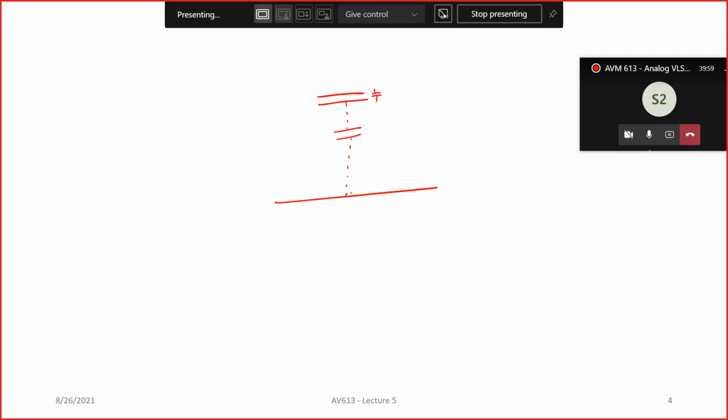So the actual capacitance is going to look something like this. You have the main capacitance C, or let's call it C naught. You will also have some resistance here, some resistance here. But between this and ground, which is your P substrate, you have your parasitic capacitance.